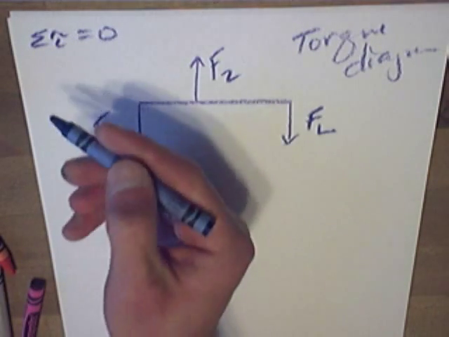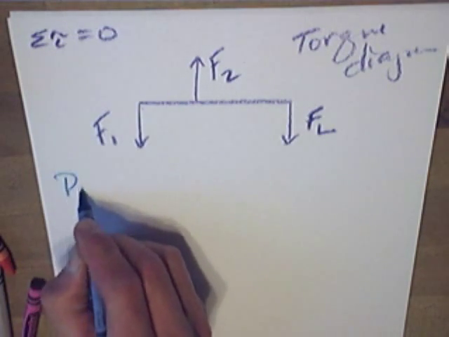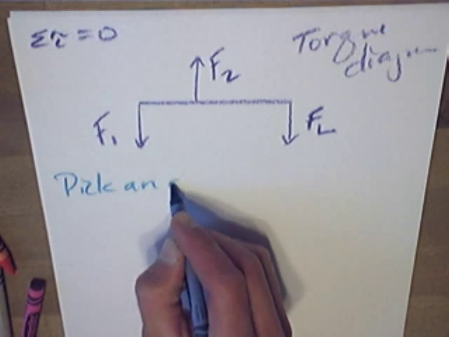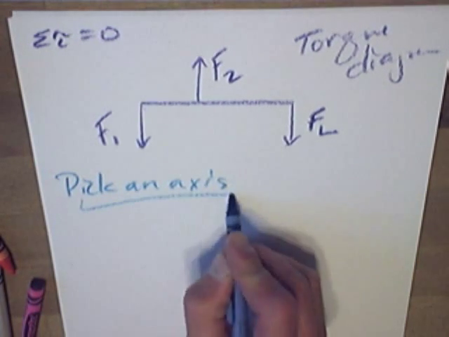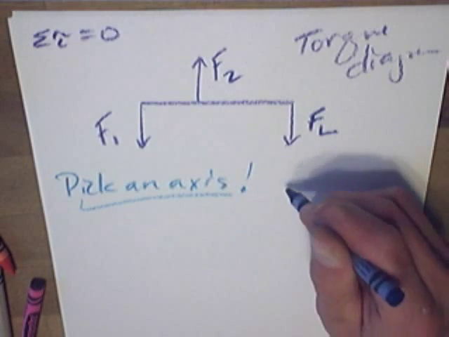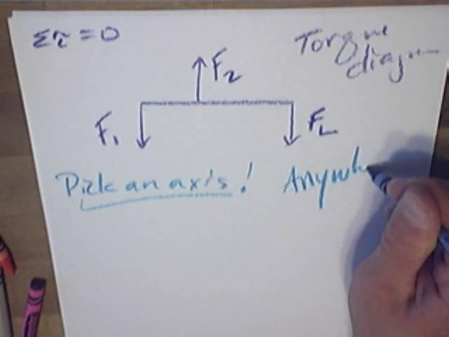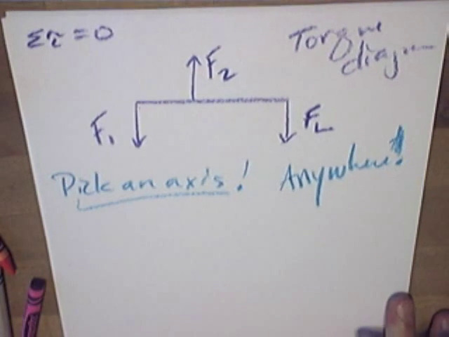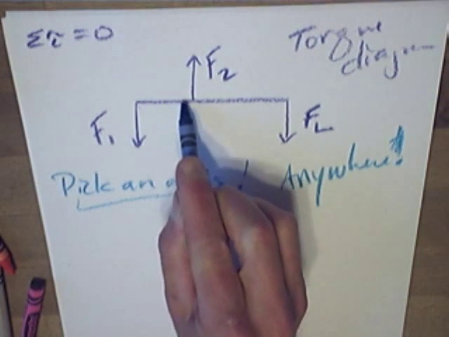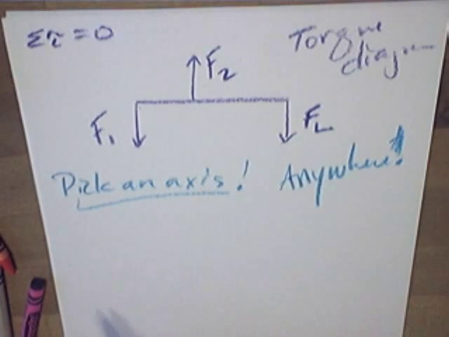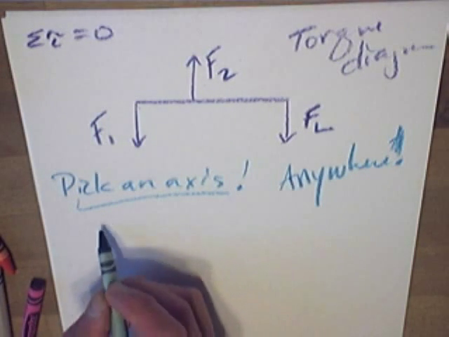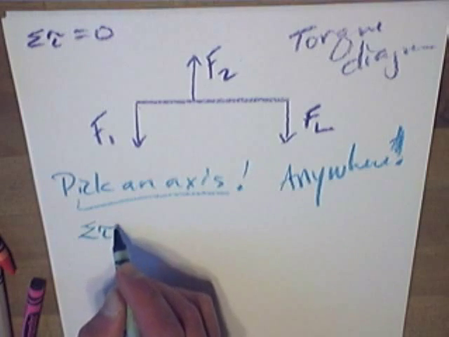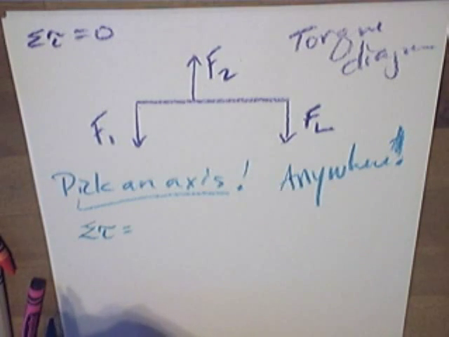Now I have to pick an axis of rotation. Anywhere counts! Here, here, here, here. It doesn't matter. Because the sum of my torques equals 0, let's find out what those torques are.